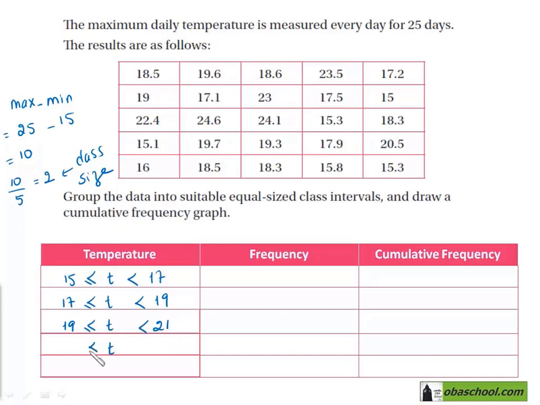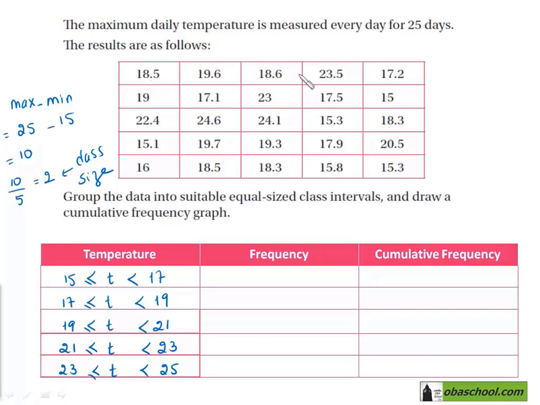Following that, 21 to 23, and finally 23 to 25. Again, we used the jumping of 2 degrees since we had found the range and then divided the range by the 5 rows that we have used in this table.